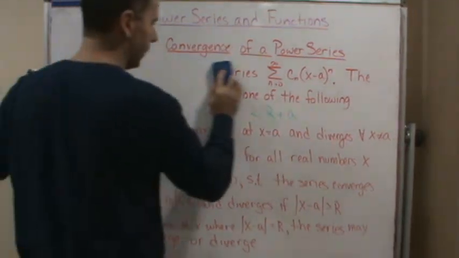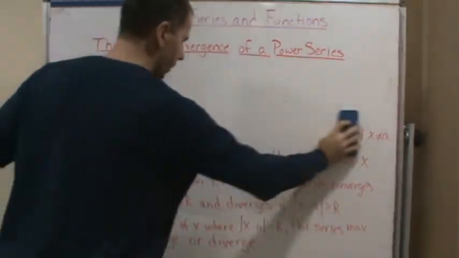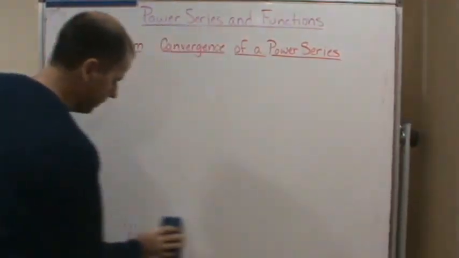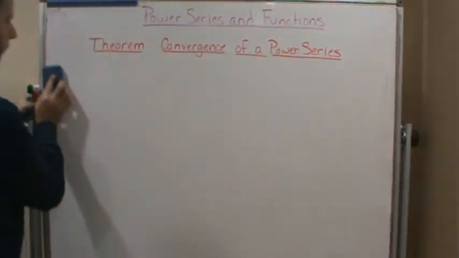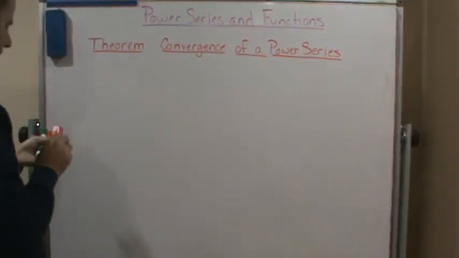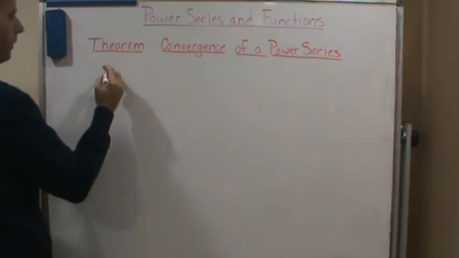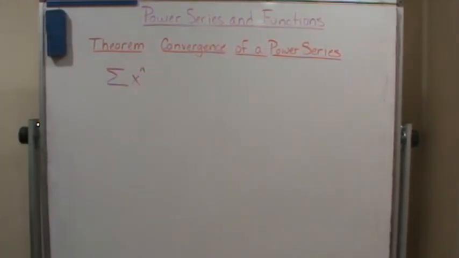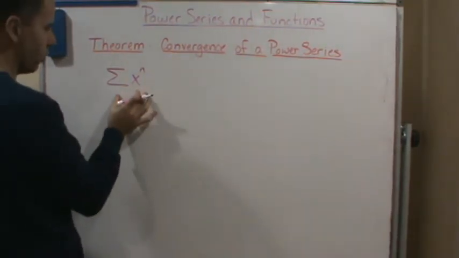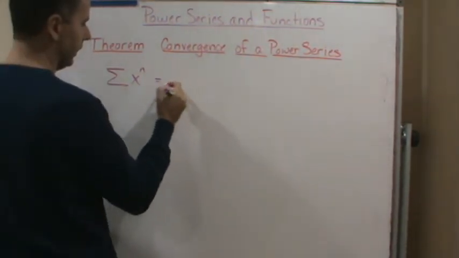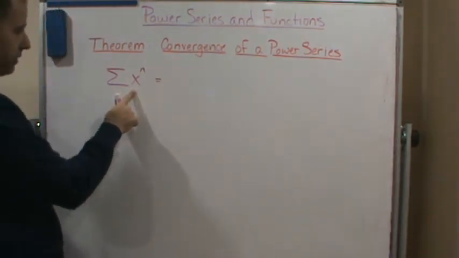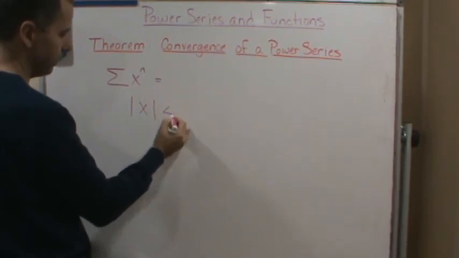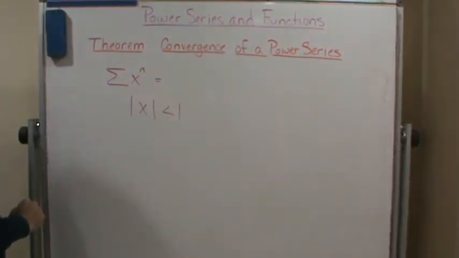So again, let me give you an example here, based on this theorem. Okay, so if I use this one, right? This one here is convergent when the absolute value of x is less than 1, right?